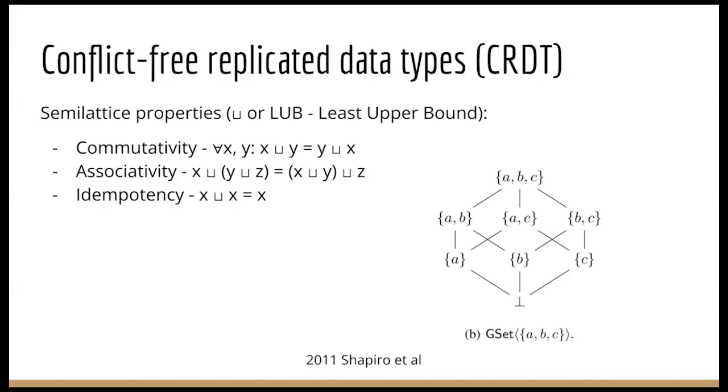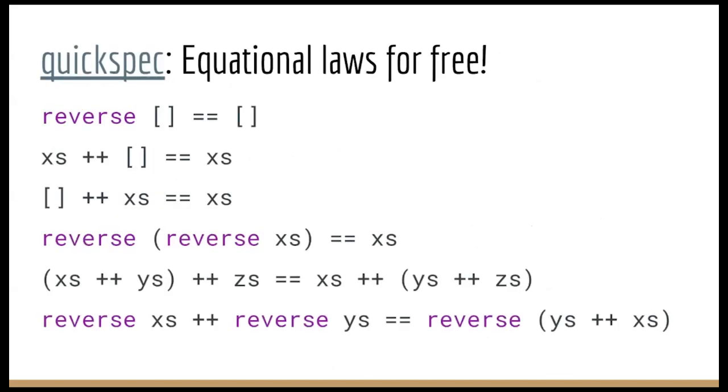It also has to be associative, again, because we want to combine computations in different orders and also in an incremental way. And it also has to be idempotent, because those messages potentially can be delivered multiple times, so we need to have a way to ignore duplicates.